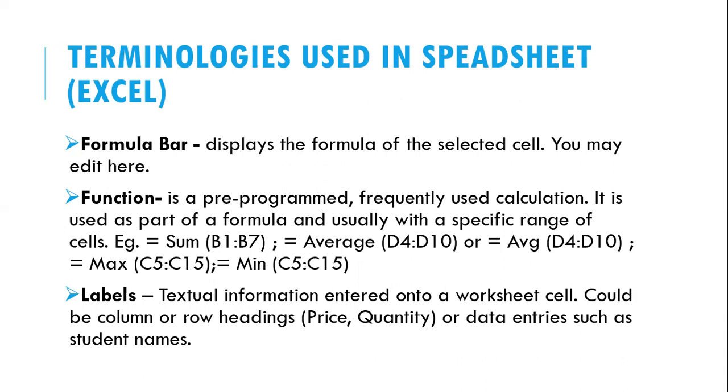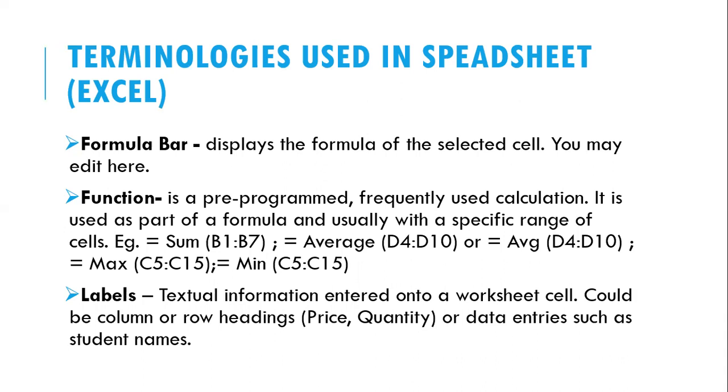Then a function is a pre-programmed, frequently used calculation. It is used as part of a formula and usually with a specific range of cells. For example, for finding summation, the function used is equals SUM, maybe from cell B1 to B7.